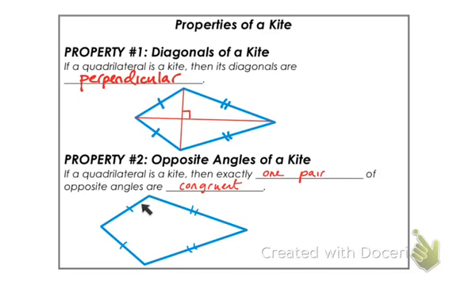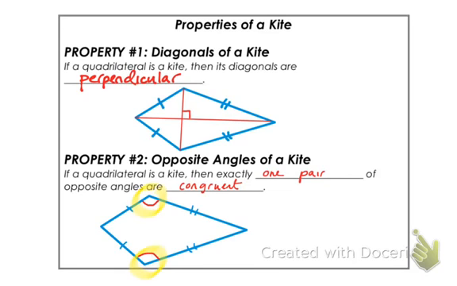In between the two non-congruent sides are the two angles that are going to be congruent to one another. In between one of the two congruent sides and the other one of the two congruent sides is going to be the pair of our congruent angles. So these two are our one pair of opposite angles that are congruent.